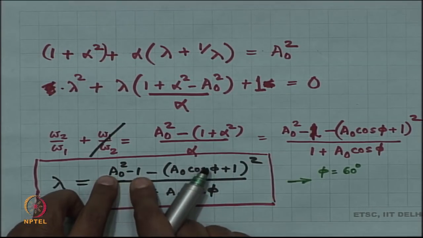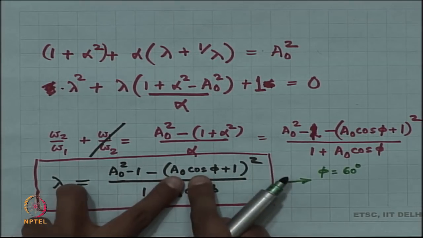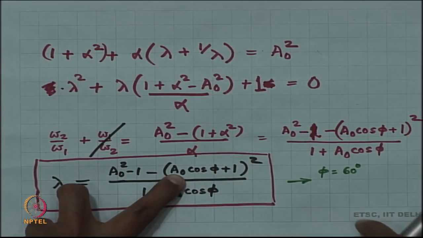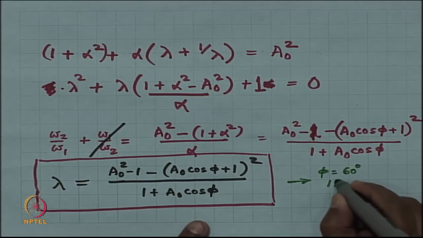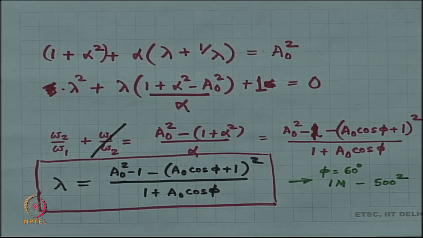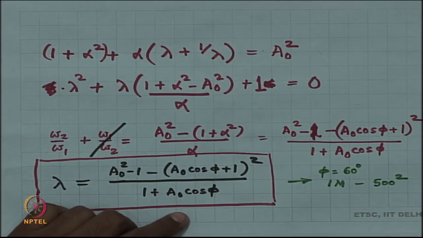So, this is 1 million minus 1, almost equal to 1 million, minus 500 plus 1 squared, 501 squared. This is 1 million after all, right. 250,000.